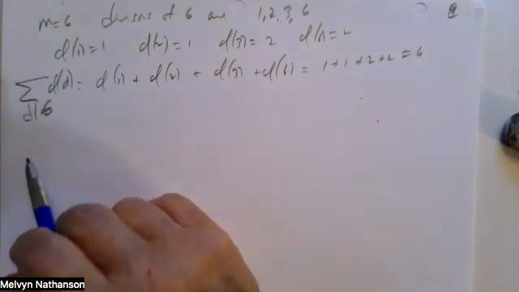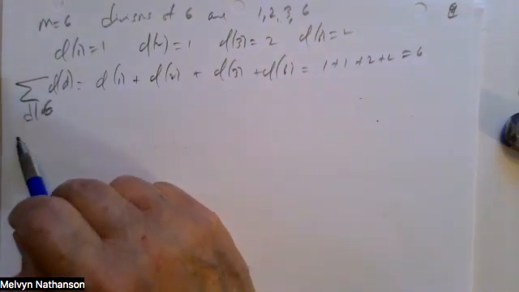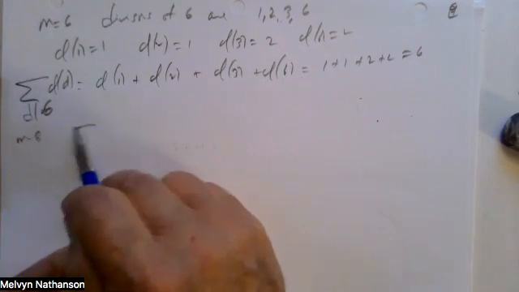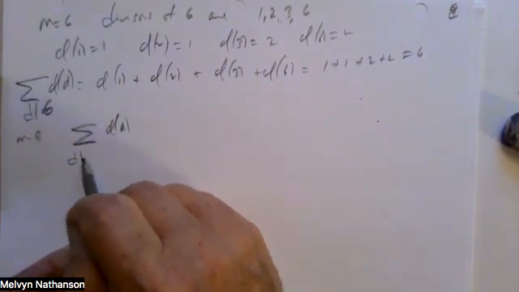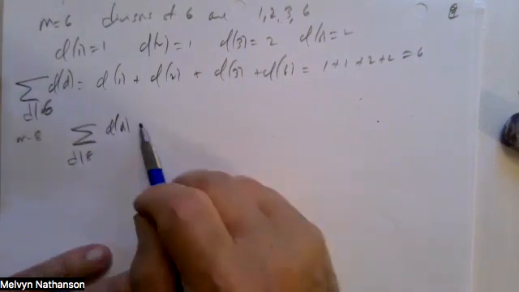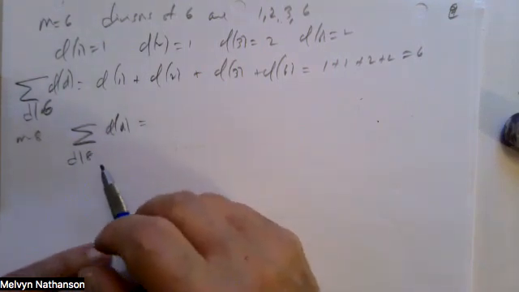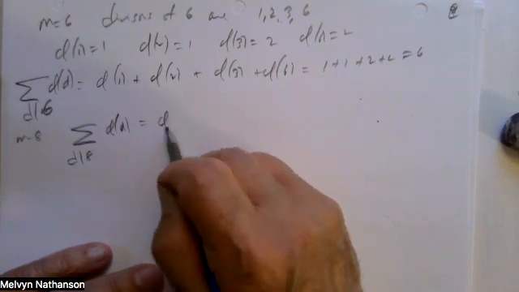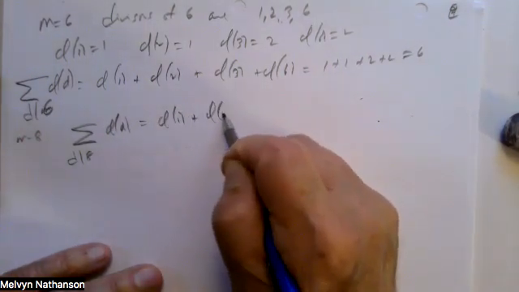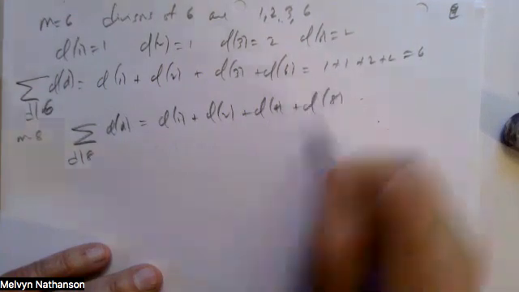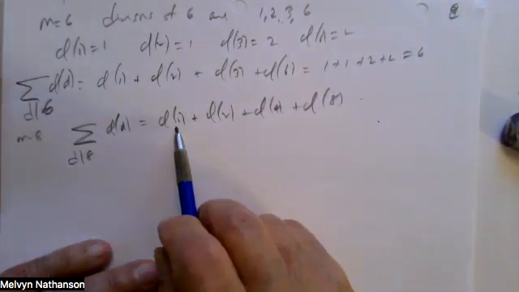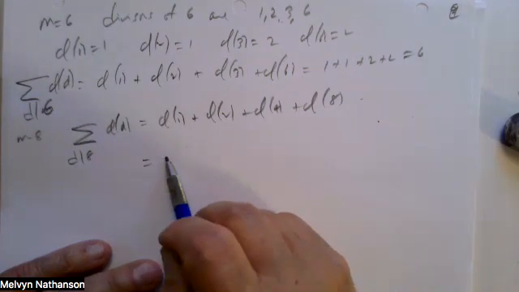Let's take 8. What is the sum of phi of d over the positive divisors of 8? The positive integers that divide 8 are 1, 2, 4, and 8. Phi of 1 is 1.